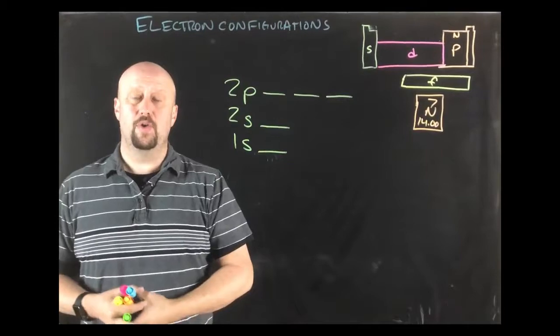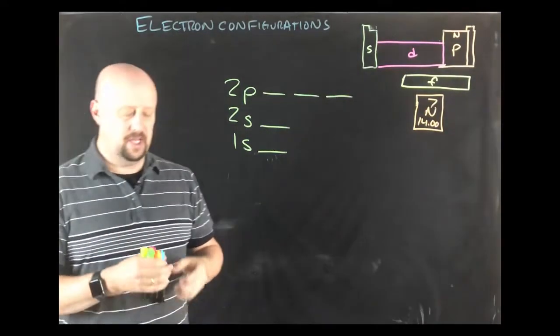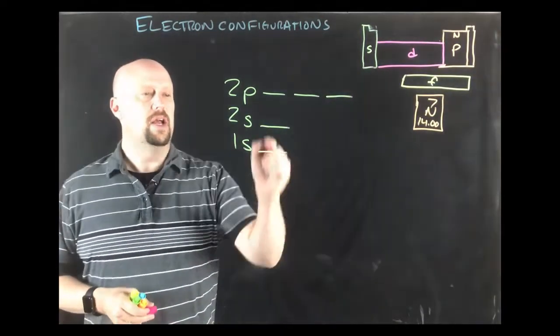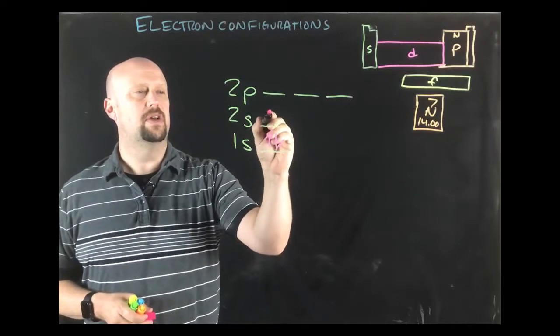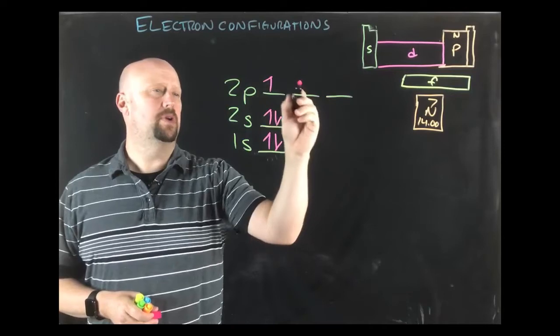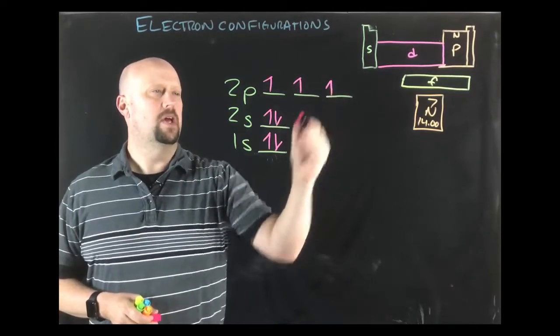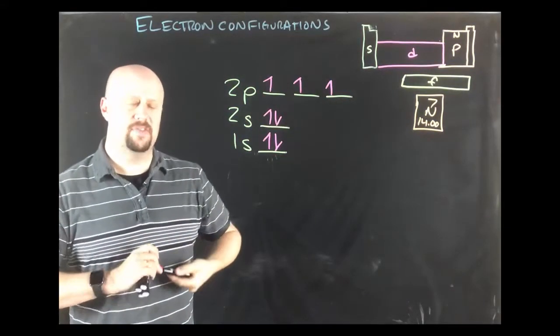Okay, and remember, an orbital is a region in space where we have a good probability of finding a given electron. And so I know that I have 7 electrons here, and so I'm going to put my 7 electrons in such a fashion to draw the correct orbital notation of our nitrogen. So all of the pink arrows there are electrons, and you'll see that I have 7 of them.